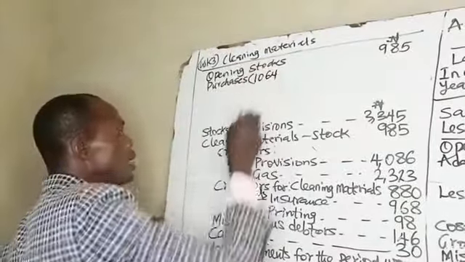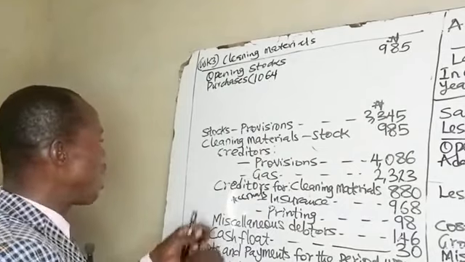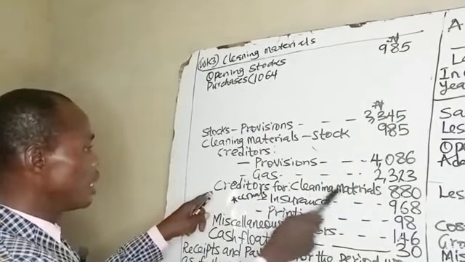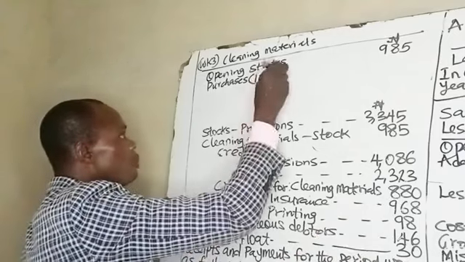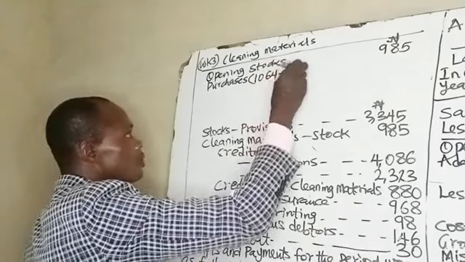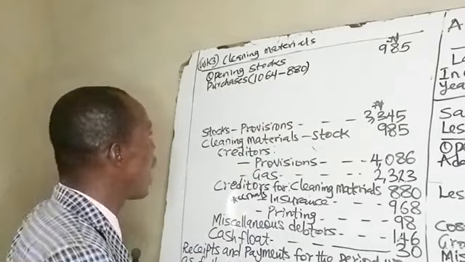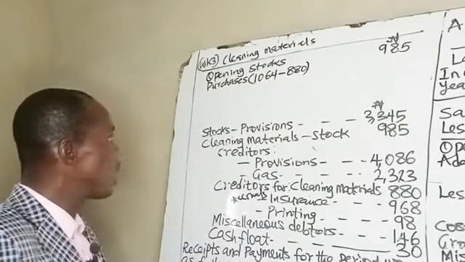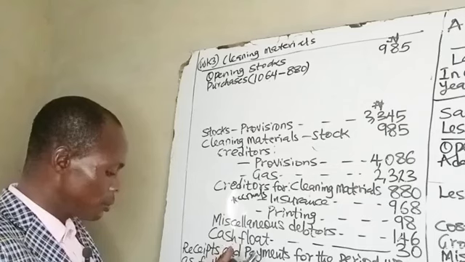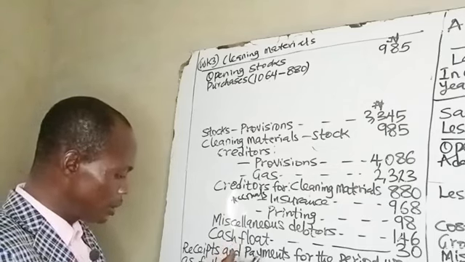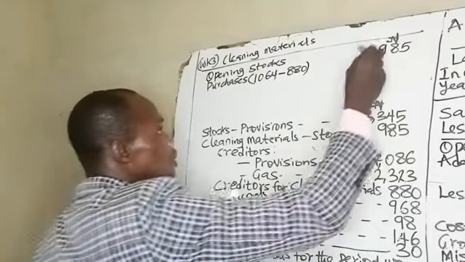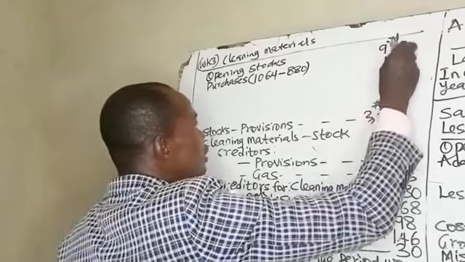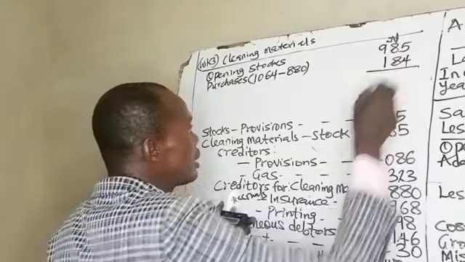We didn't have closing accruals. But we have creditors for cleaning materials. This is the opening accruals. We used to subtract the opening, minus 880. So 1,064 minus 880 gives us 184. That is the purchase of cleaning materials.